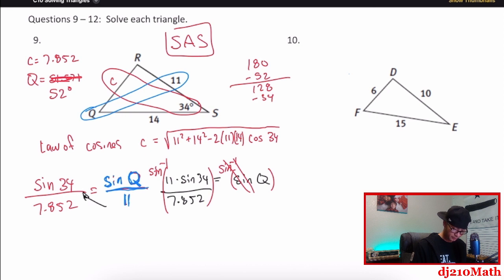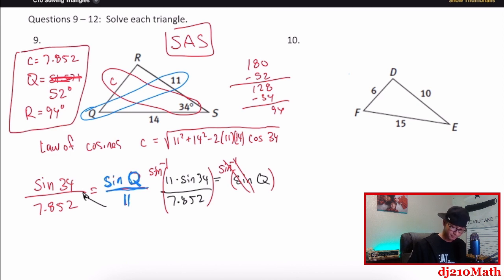So that means R is equal to 94 degrees, because 94, 52, and 34 should all equal 180. Just to check myself, make sure I didn't make any mistakes. Yeah, it's right. So 2 angles, 1 side.